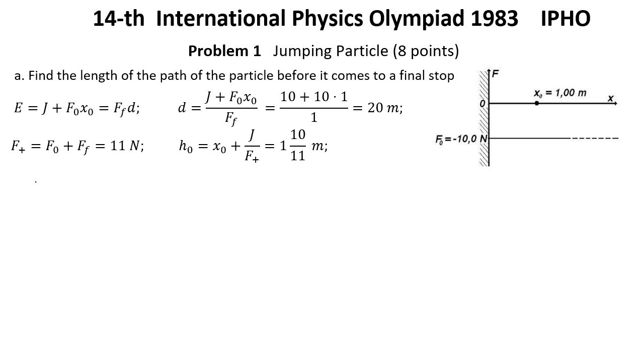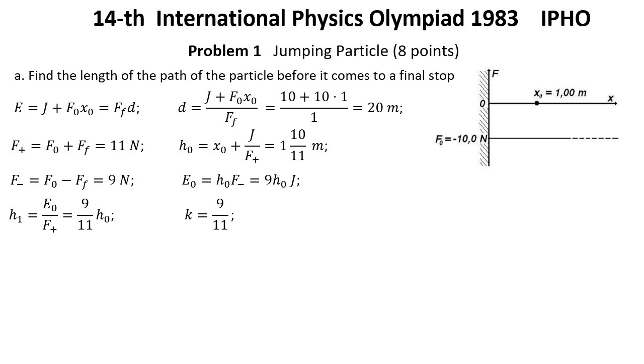But now the force acting on the particle will be F minus equals F0 minus Ff, which is 9 newtons, therefore, the kinetic energy of the particle before colliding with the wall will be E0 equals h0 times F minus equals 9h0 joules.